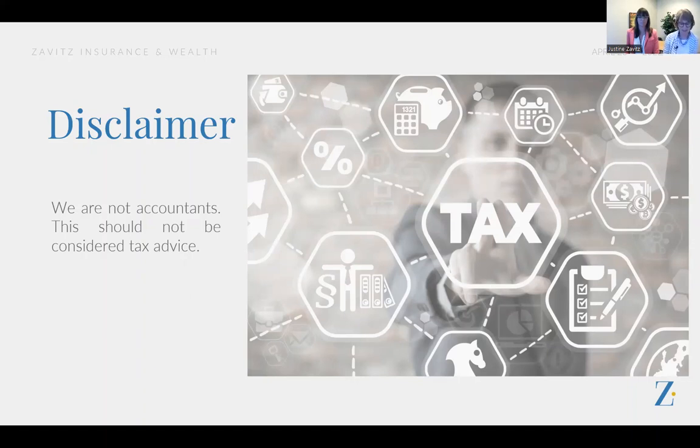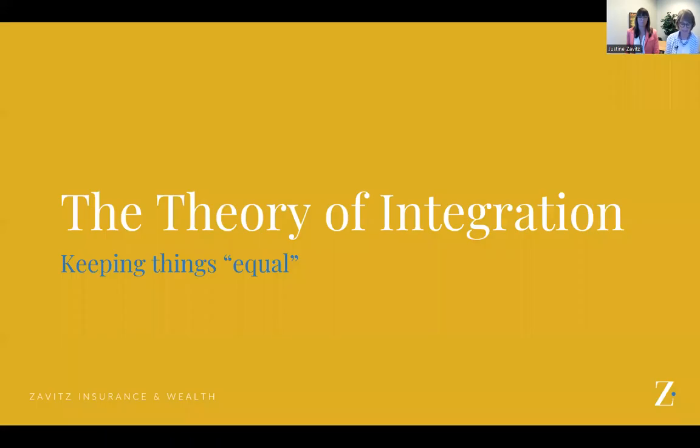So let's get started with the salary and dividend debate, likely the most common conversation we have. The most important concept to know when considering taxation of income is the theory of integration, in which the goal of tax legislation is to keep the taxation of various types of income equal, although it may not always appear this way.